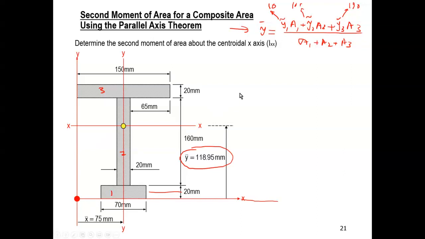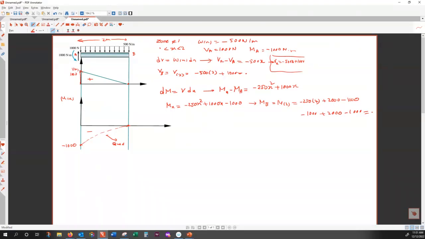All right, so now we did that. The second step is we just find three I values, because this shape, like I said, we can decompose into three shapes. So let me demonstrate that to you.